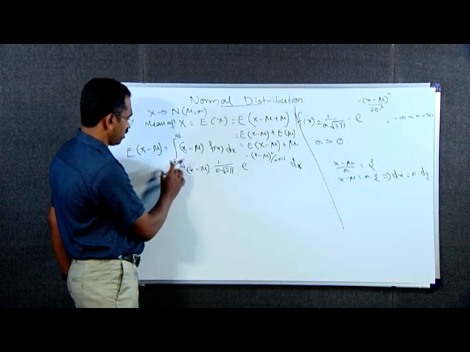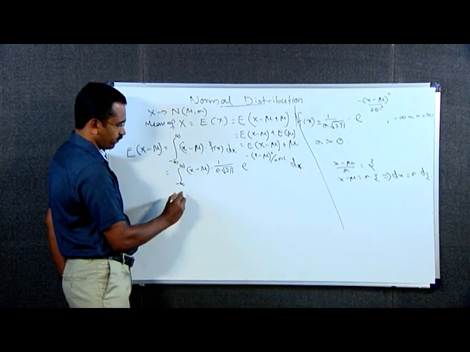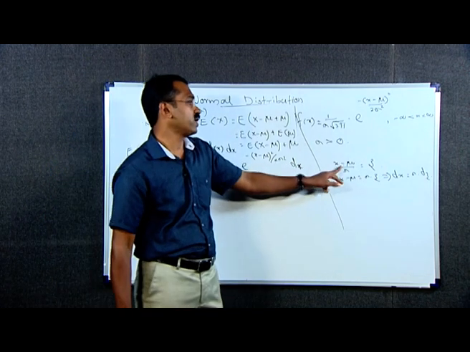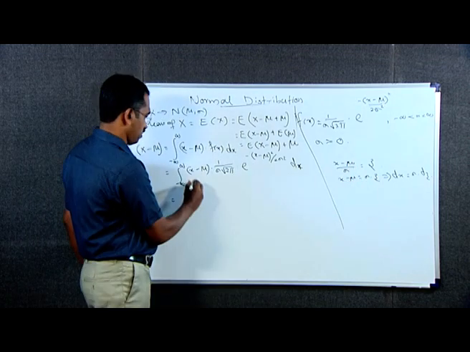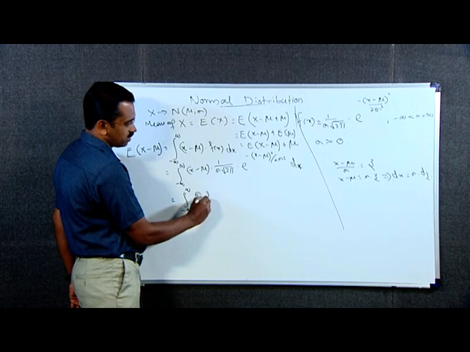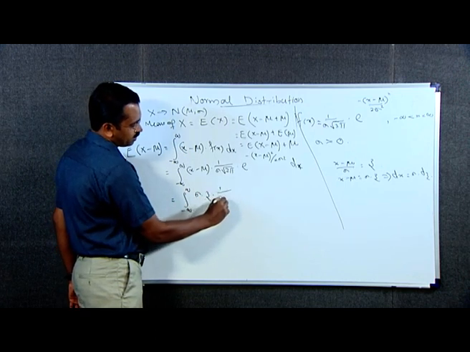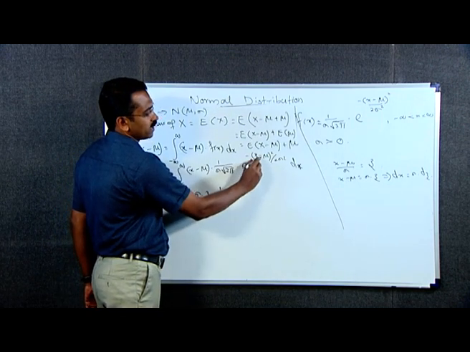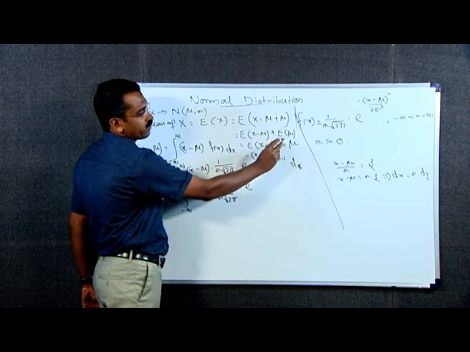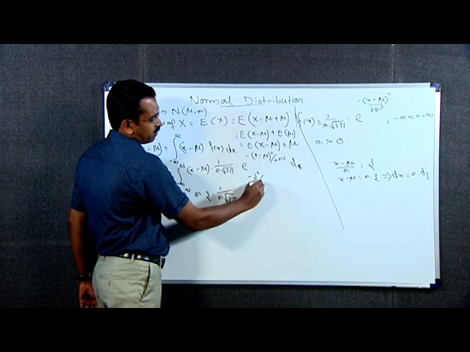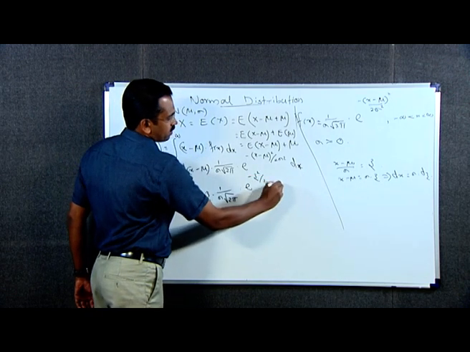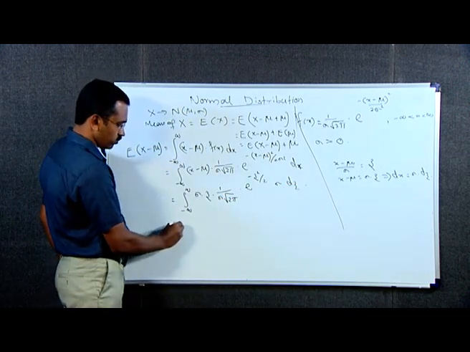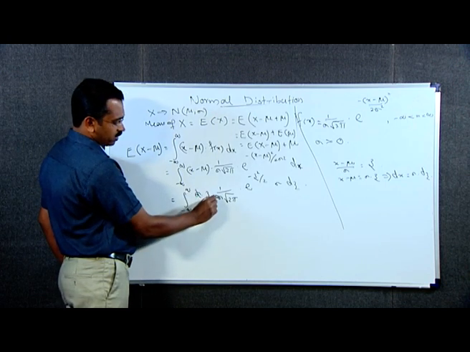Therefore, we can write E of x minus mu is equal to integral from minus infinity to infinity. Here x minus mu is equal to sigma z, that is sigma z into 1 by sigma into root of 2 pi e raised to minus, here x minus mu by sigma the whole square means z square divided by 2, dx is sigma dz, which is equal to, here sigma and the sigma cancelled.